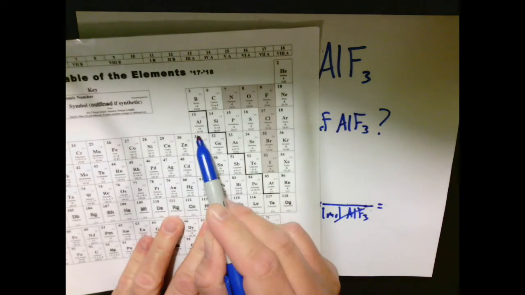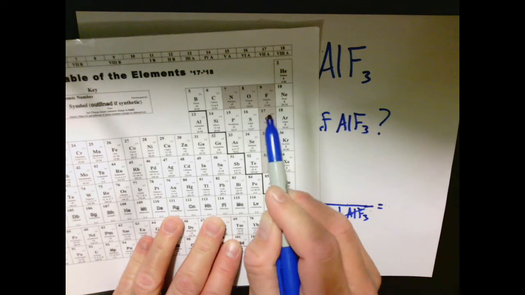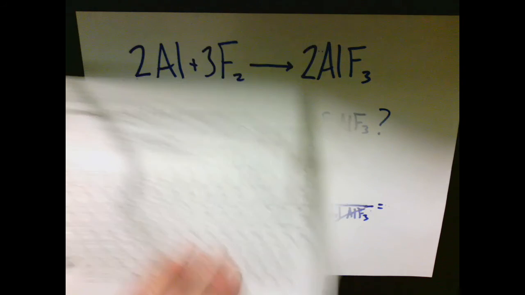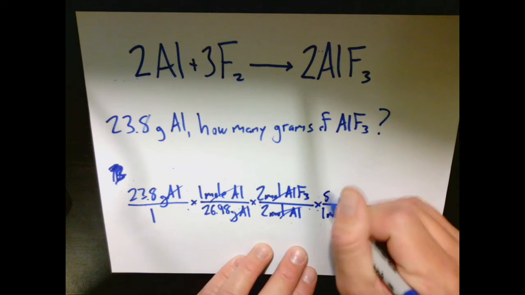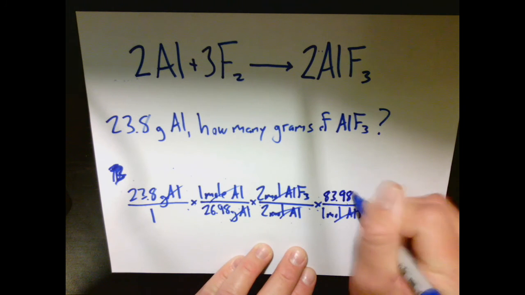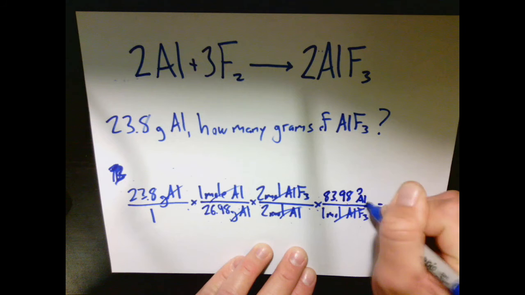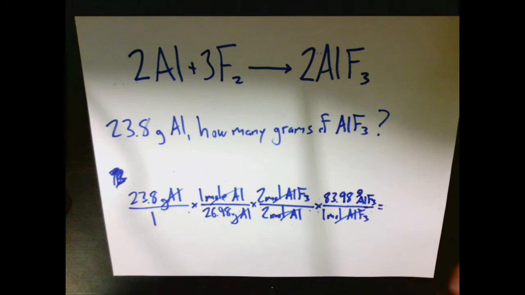So the formula mass, 1 aluminum plus 3 fluorines. When you do that, you get 83.98 grams of aluminum fluoride. 83.98.